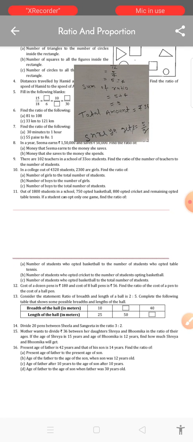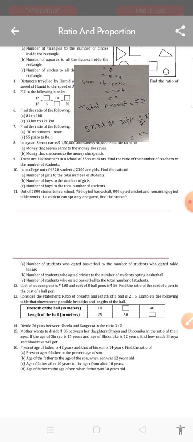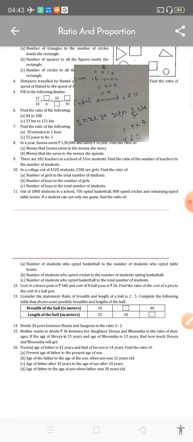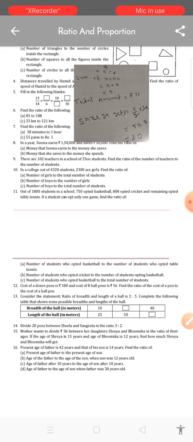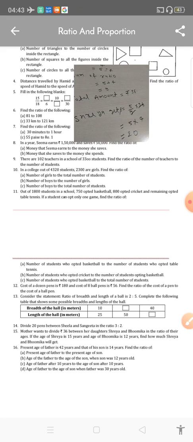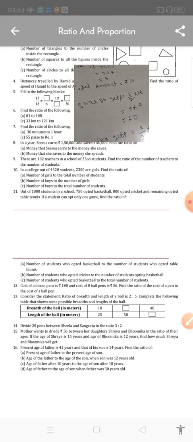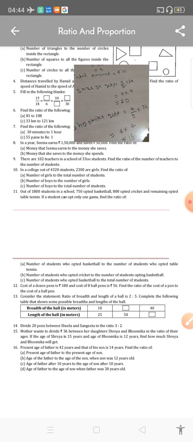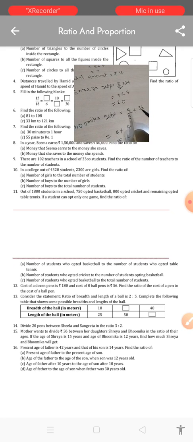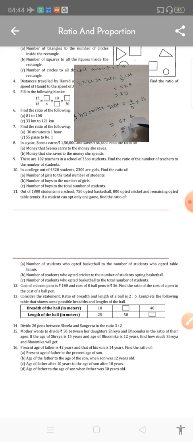So we distribute this amount between Shreya and Bhumika according to their age ratio. The money obtained by Shreya is 5 by 9 into 36, which becomes 20. And the money obtained by Bhumika is 4 by 9 into 36, which becomes 4 into 4 is equal to 16.